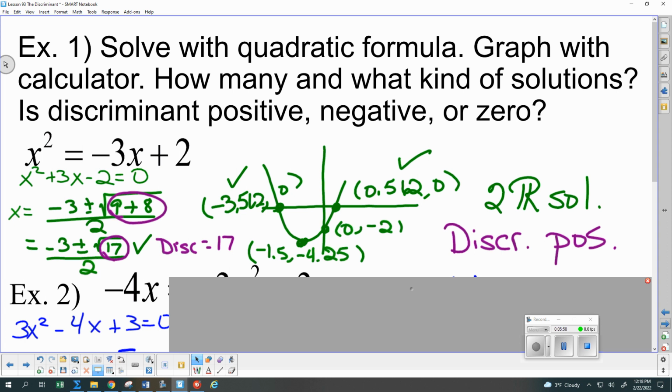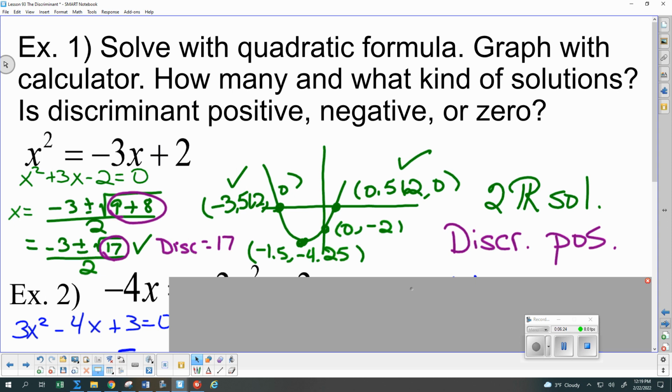The y-intercept, we simply plugged into this. If x was 0, letting the 0 now be a y would have to be a -2. And we got the calculator versions of this, -3 plus and minus root 17 over 2, for these two x-intercepts, matching that we had two real solutions. The discriminant is just the inside of that square root, 9 plus 8.